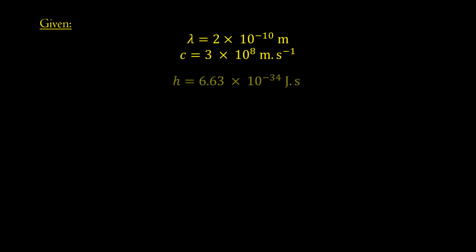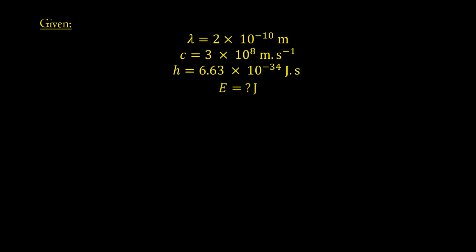We are given that the wavelength lambda is 2 multiplied by 10 raised to the power of -10 meters. The speed of electromagnetic radiation in vacuum is c, which has a value of 3 multiplied by 10 raised to the power of 8 meters per second. We know that Planck's constant h has a value of 6.63 multiplied by 10 raised to the power of -34 joule seconds.